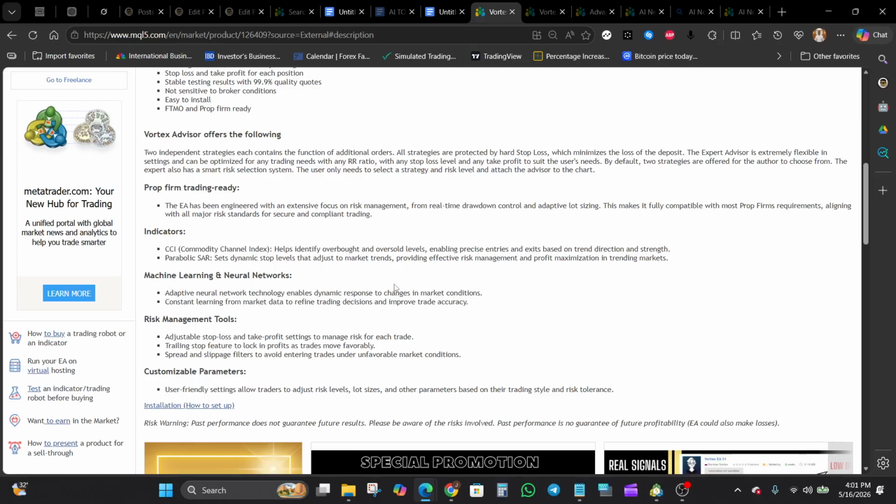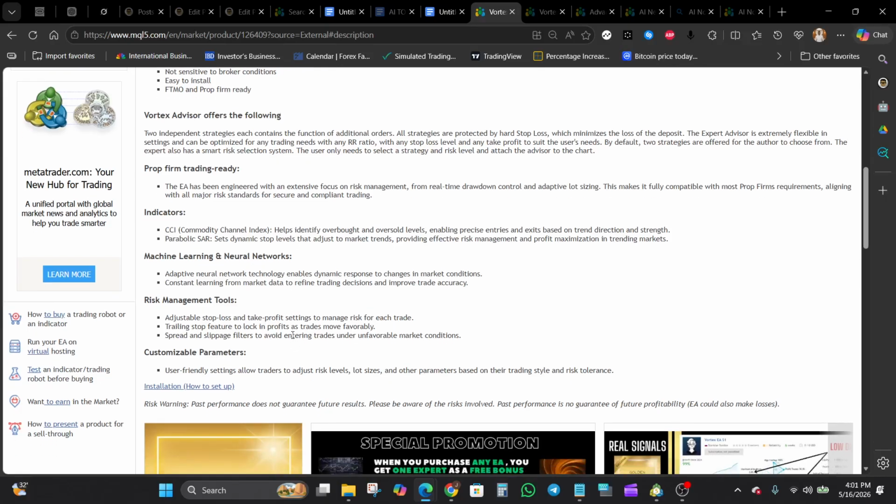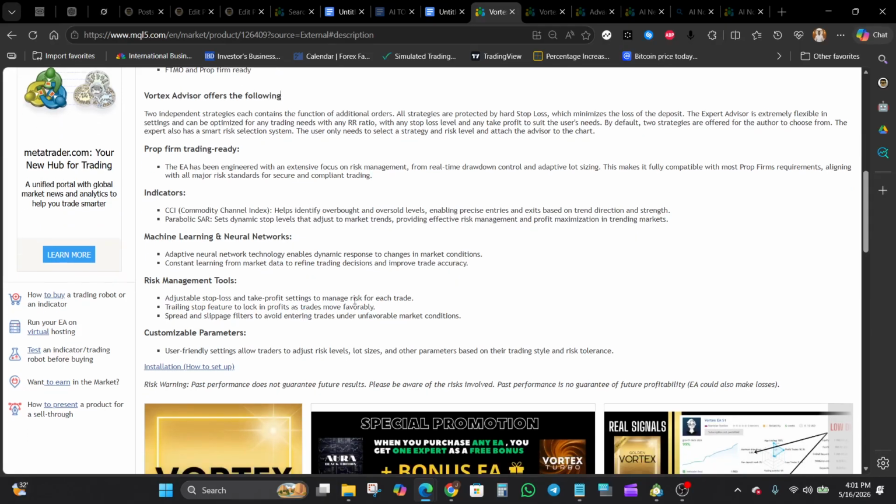There are also several built-in risk management tools shown here, including adjustable stop loss and take profit settings, trailing stop functionality, plus spread and slippage filters to help avoid unfavorable entries during difficult trading conditions.